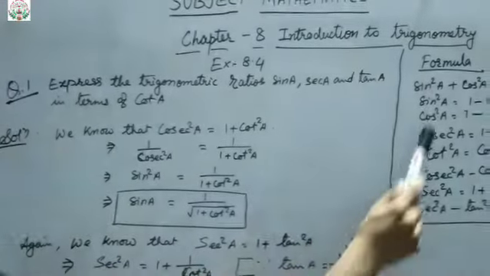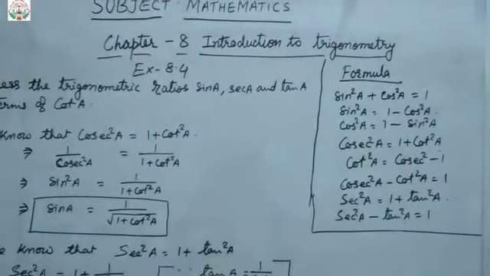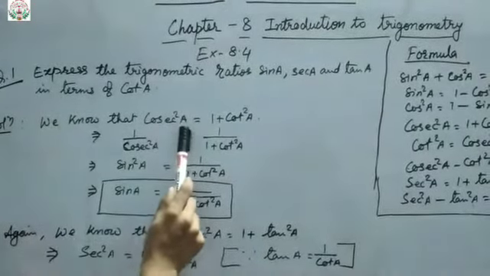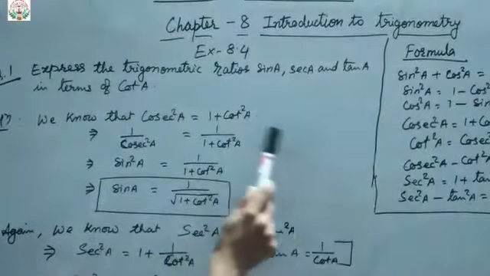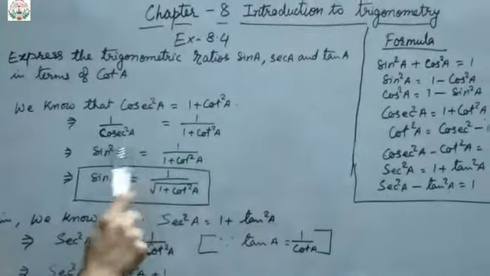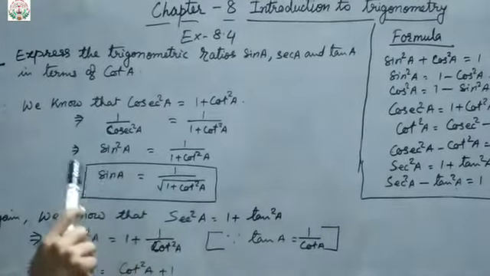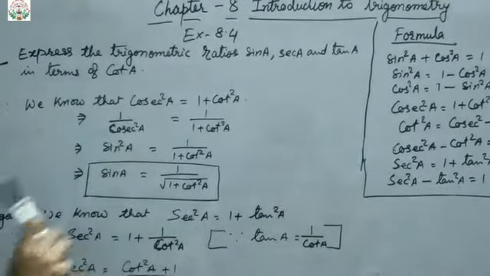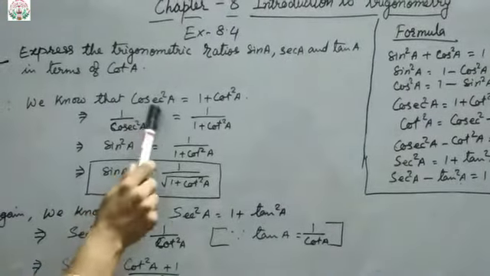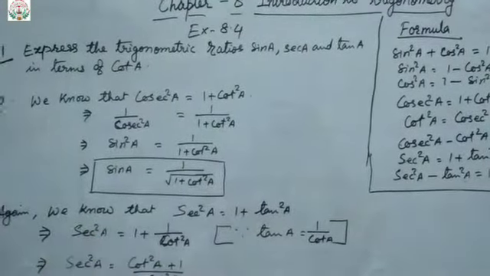We know these are the formulas which we are going to deal with in this particular exercise. We know that cosec square A equals to 1 plus cot square A, this one formula. Now on both the sides we will divide 1 by it, that means we will take the reciprocal of both sides.